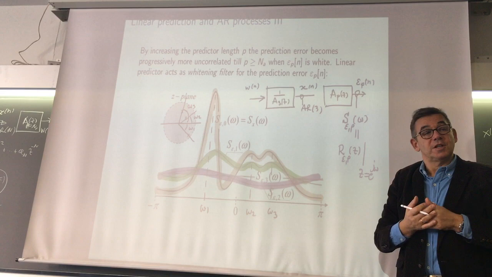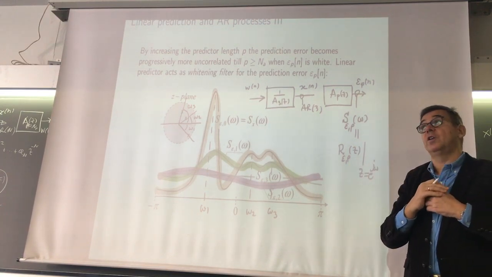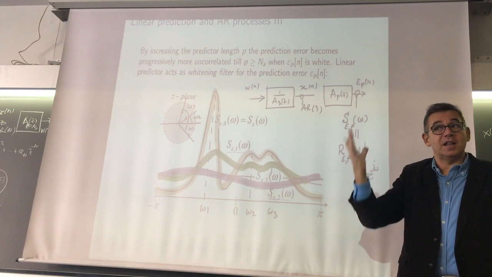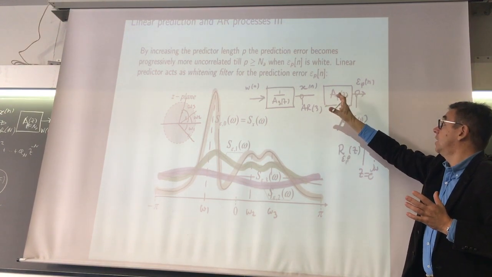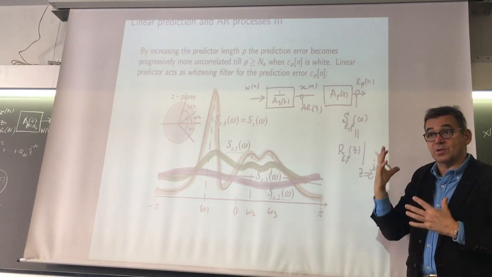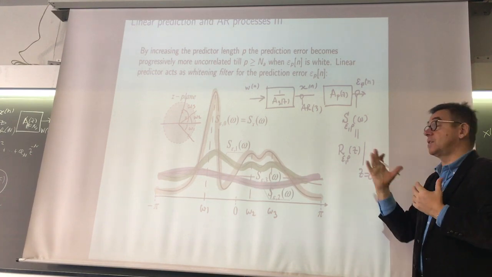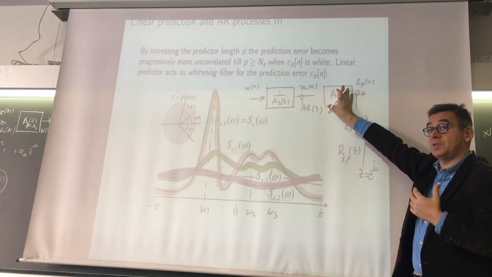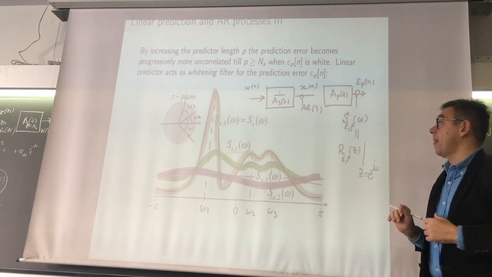So, in other words, if I over-parameterize the length of the linear predictor, it might happen that the zeros are fluctuating too much due to the over-parameterization, which means using more parameters than necessary. Okay?